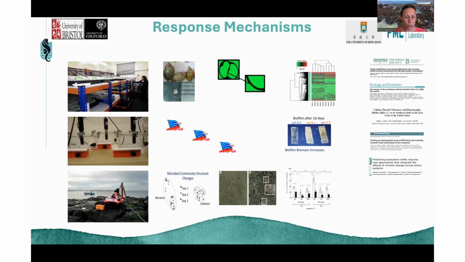We're also very fortunate to have friends at the University of Oxford who ran transcriptomics on our samples as well and identified several different genes that are upregulated or downregulated in response to warming, cooling, and ocean acidification as well. So this is starting to give us a much more in-depth idea of exactly how all of these different species are responding to climate change, and may help us understand why the different biogeographic range shifts are happening.